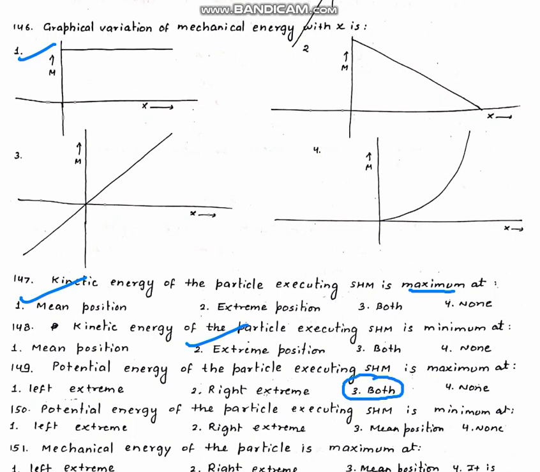Next is potential energy of the particle executing SHM is minimum at.